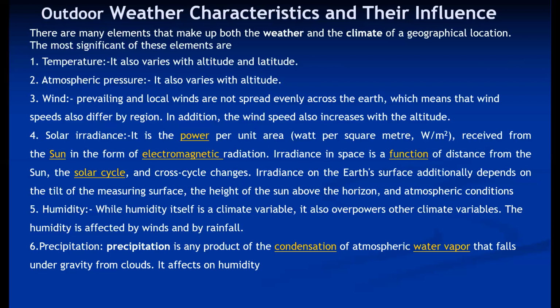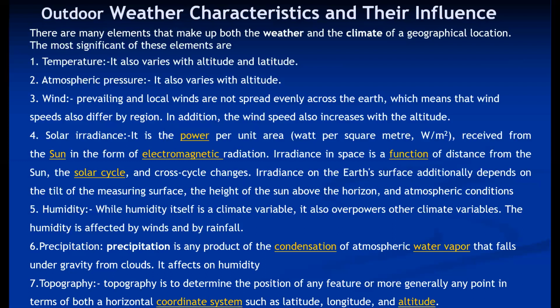That is nothing but the condensation of atmospheric water vapor that falls from the cloud. Depending upon the precipitation, in some locations snowfall takes place, in some rainfall, but it largely affects the humidity of the air. During the rainy season, generally humidity is high.